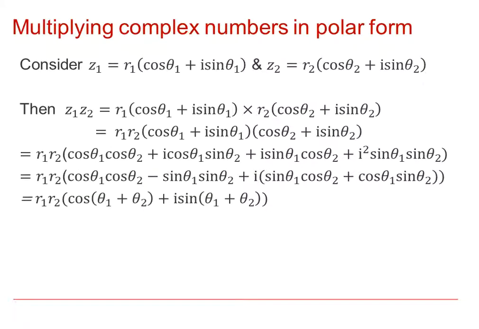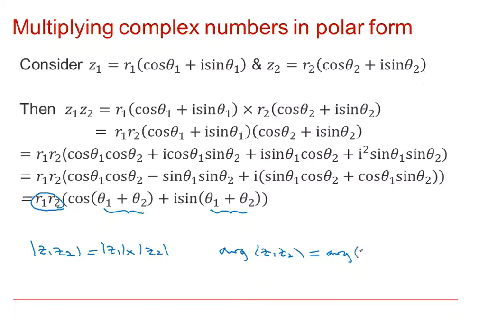So we've now got the answer in this nice neat form, and what we notice about the answer is the modulus of this answer, z1 z2, is simply the product of the modulus of z1 and the modulus of z2. And the argument of the answer, the argument of z1 z2, which we can see here and here, is the sum of the arguments.